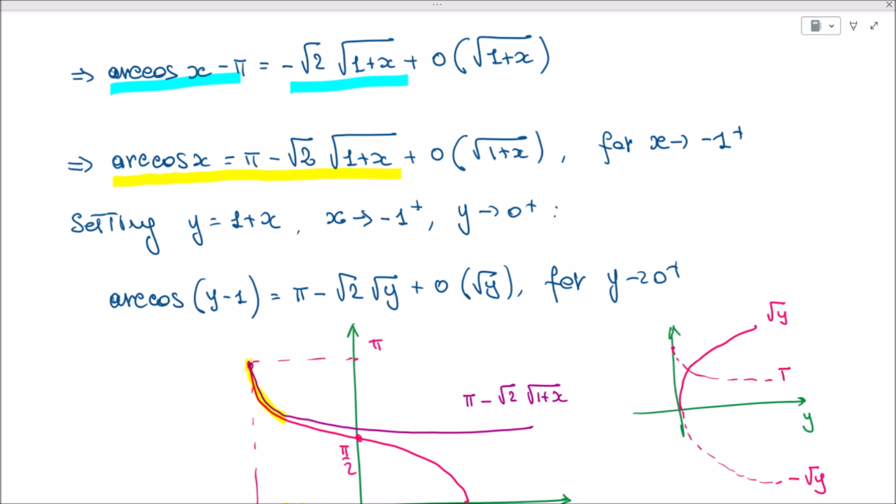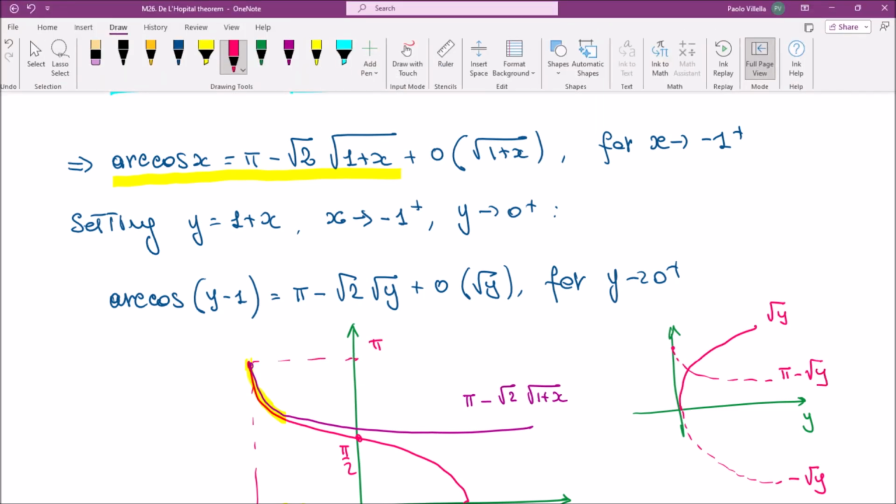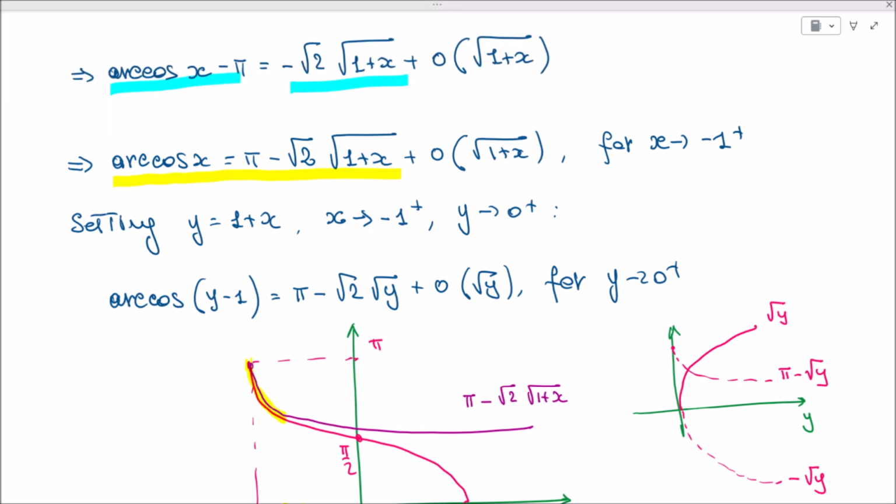So this would be pi minus square root of y, which is something similar to what we have drawn here, right? So basically this part of the graph is pretty much the same shape of this, so this makes sense of this approximation.